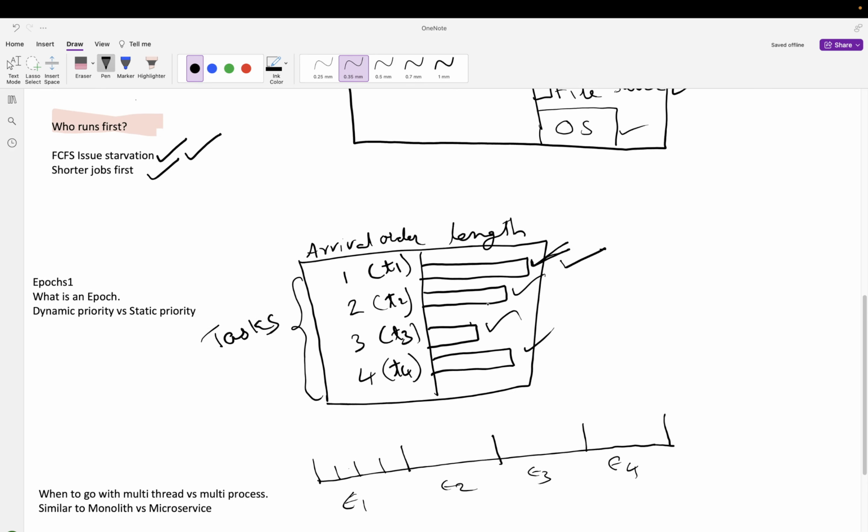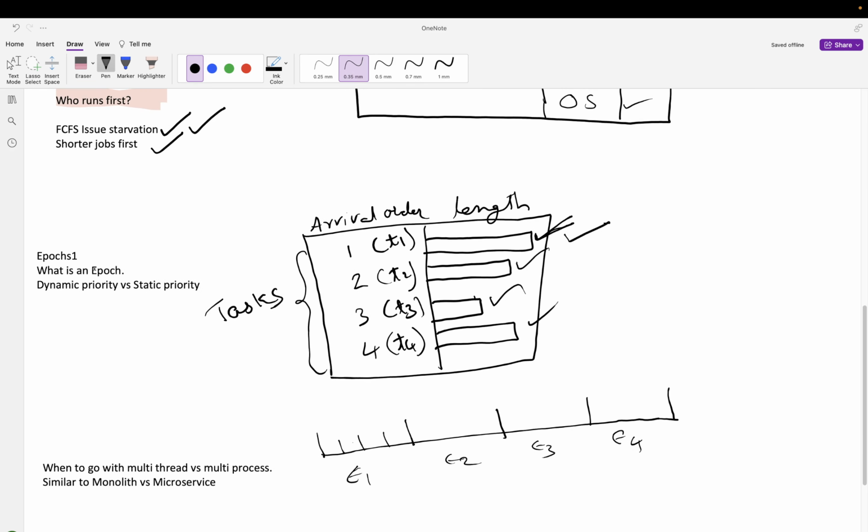What the OS internally uses is the epoch. An epoch is a time window which is configured in the operating system. Here we have epochs E1, E2, E3, E4, and for example, tasks T1, T2, T3, and T4. The operating system assigns each task some time.